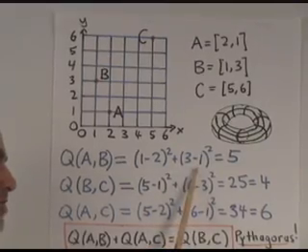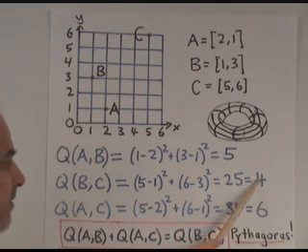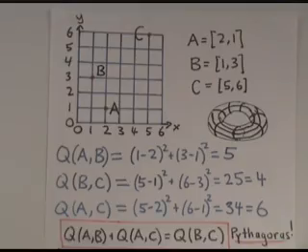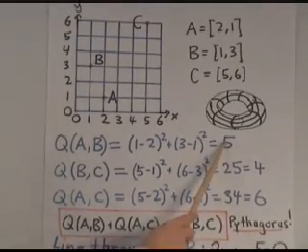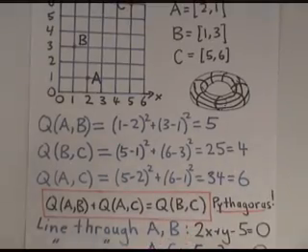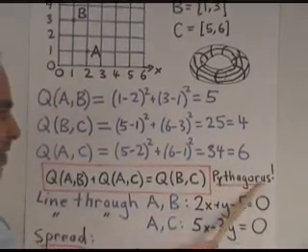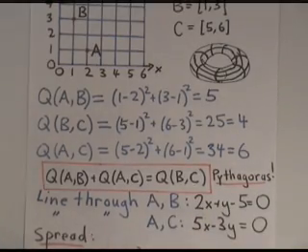You get 1 squared plus 2 squared, that's 5. So the 3 quadrances formed by these 3 points are 5, 4, and 6. And lo and behold, it turns out that 5 plus 6 is 11, which is the same as 4. So this triangle is actually a right triangle by Pythagoras.